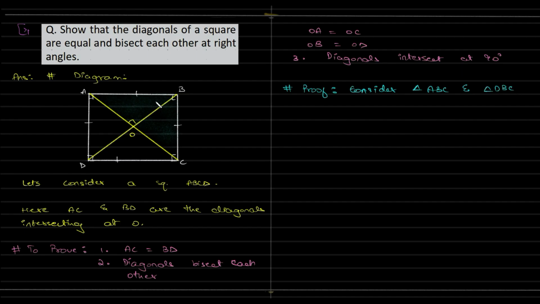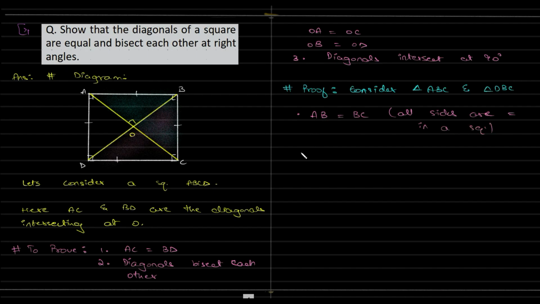So something like this. This and this. If I prove that these two triangles are congruent, we are done, is it not? So we have AB is equal to BC because all the sides are equal in a square.